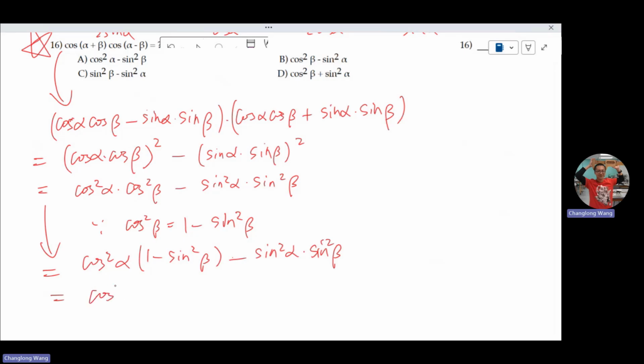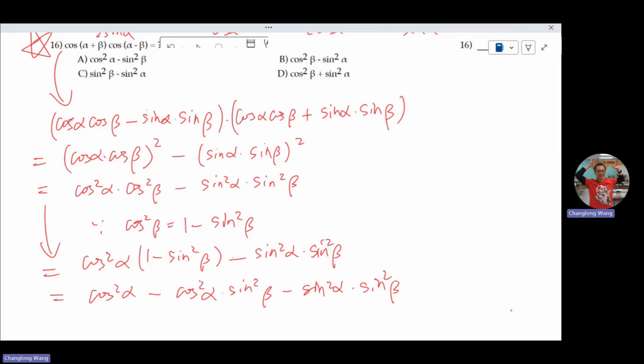So you get cosine square alpha is the 1, minus cosine square alpha multiplied by sine square beta, minus sine square alpha, sine square beta, okay? See that? All I did was just distribute the cosine square alpha over the parentheses and I get the first two terms, right? Do you see that?